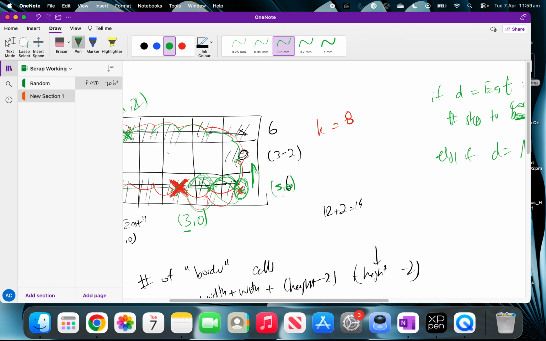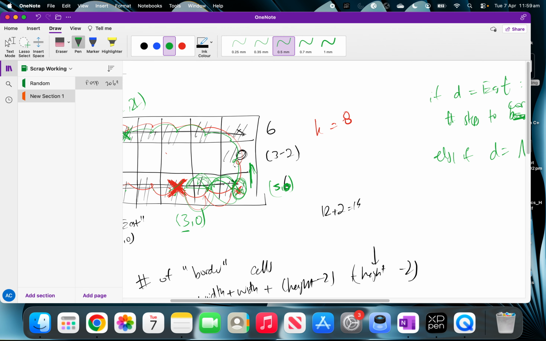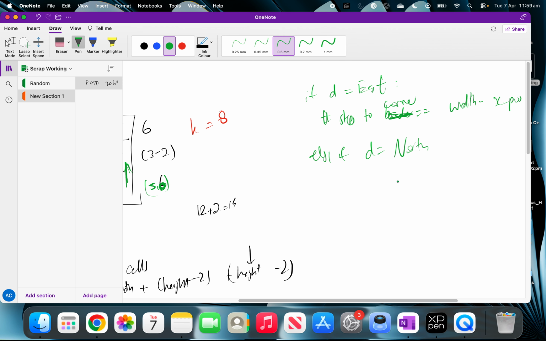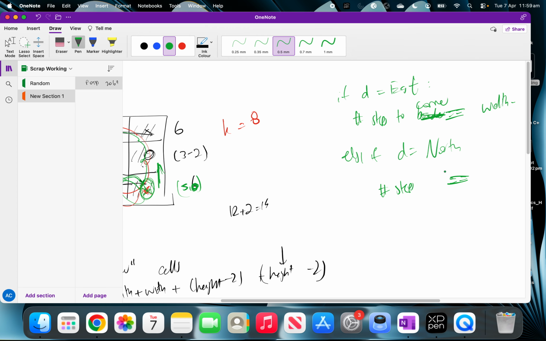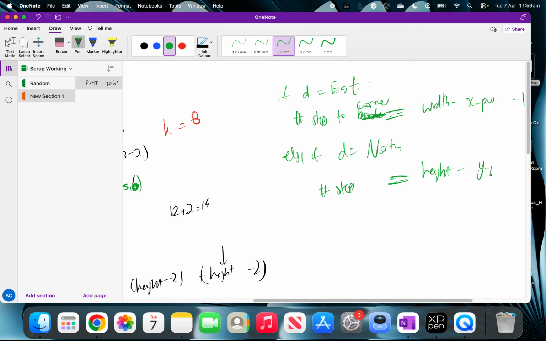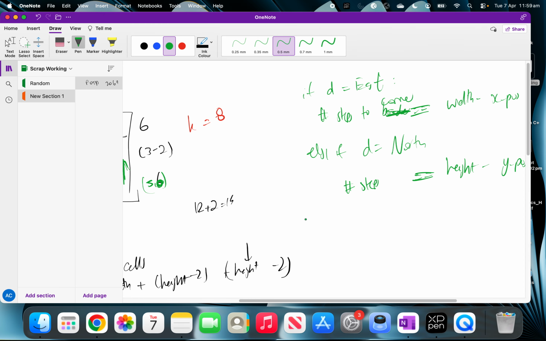And I know that because my y coordinate is 0 and there's 3 columns. So the number of steps to corner is equal to, what did I say? Height minus the y position minus 1.